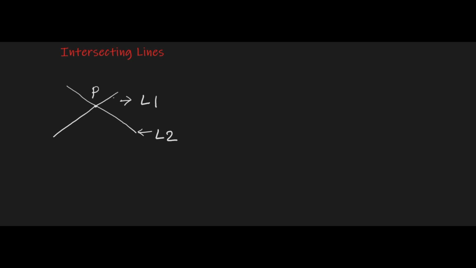It is not necessary that only this shape is intersecting lines. You can draw in this way also. This is also intersecting lines. These two lines are intersecting at this point. You can name it point Q, and this is called a point of intersection.